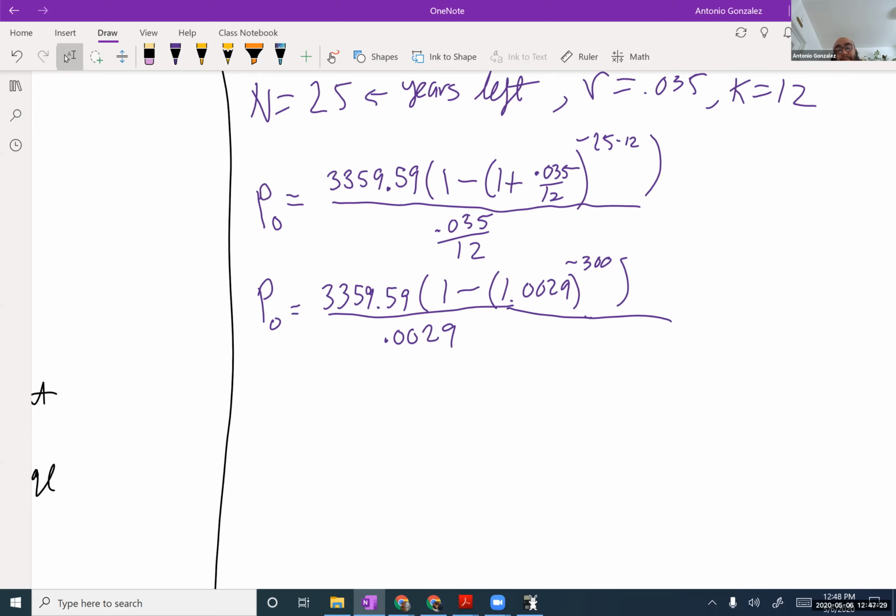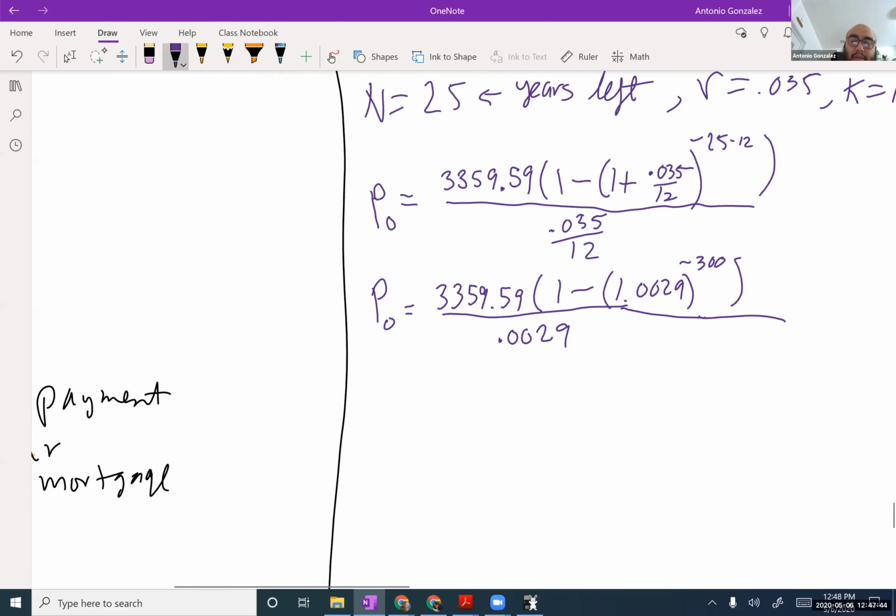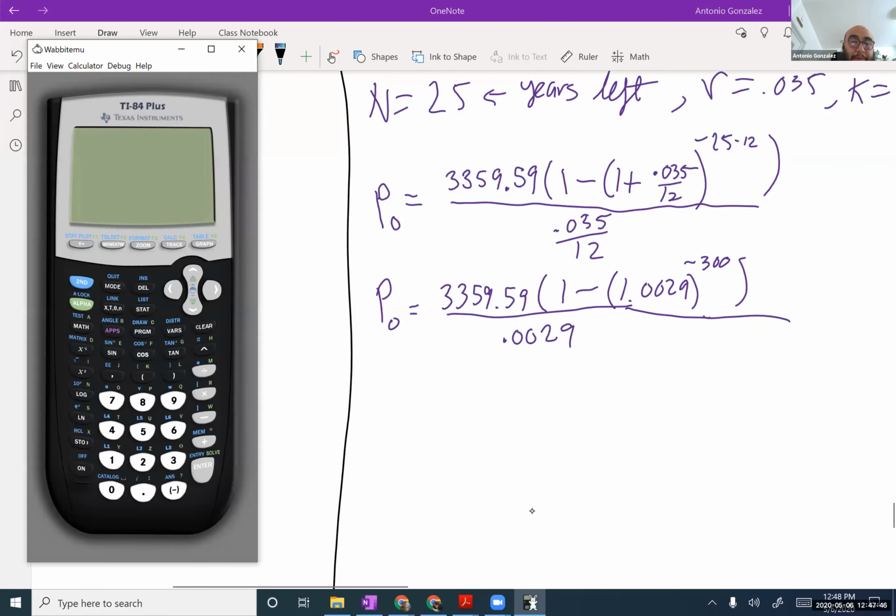All right. And now I'll work inside the parentheses. I'll do this 1 minus 1.0029 to the 300th power. So let me bring that up here.